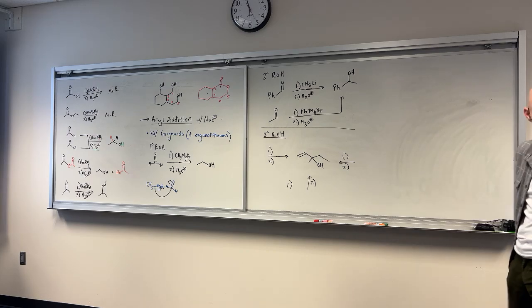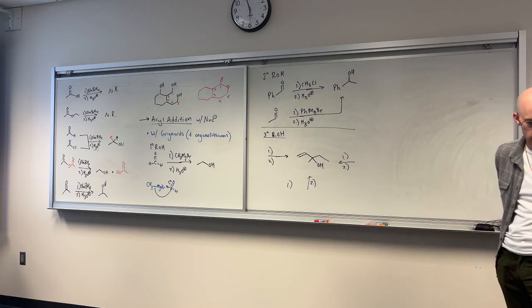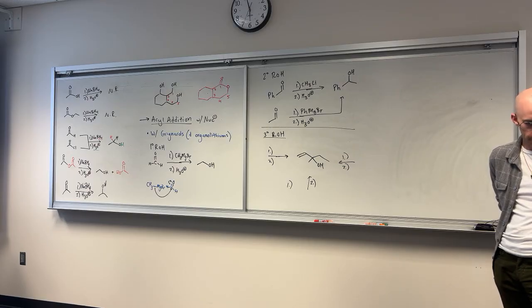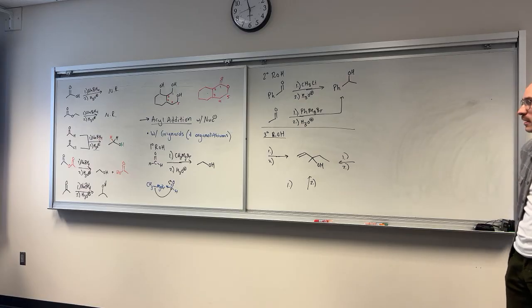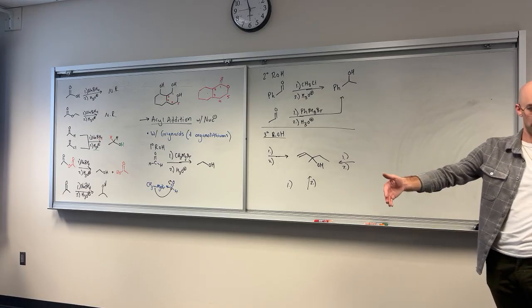You can do it with organolithiums or Grignards, but if you start a reaction with a Grignard and you want to add another carbon group, can you finish it with organolithiums? You're saying if you want to do multiple reactions?